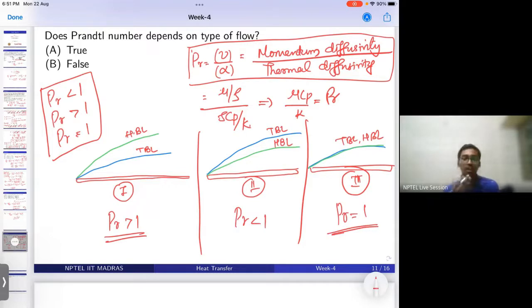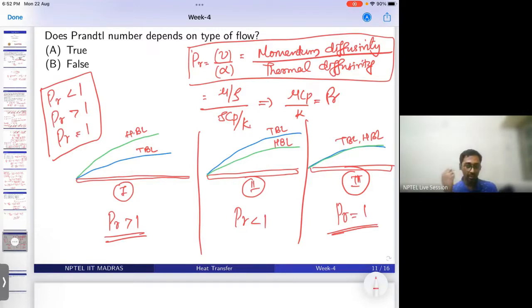So this is how, for example, you are given a situation like Prandtl number is greater than 1, and you are asked to interpret what the velocity boundary layer and thermal boundary layer will be, and to draw them.